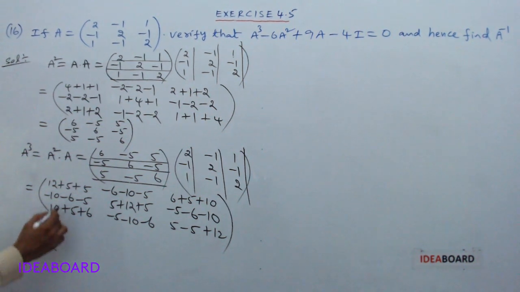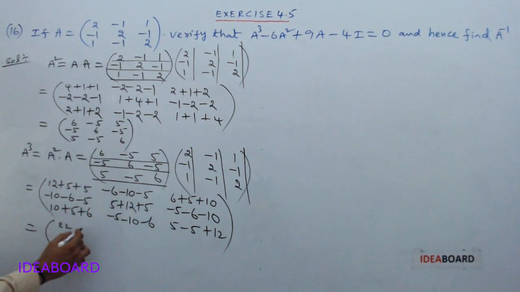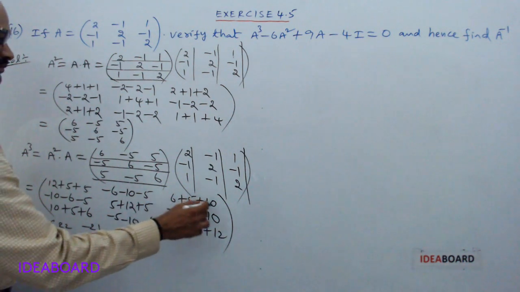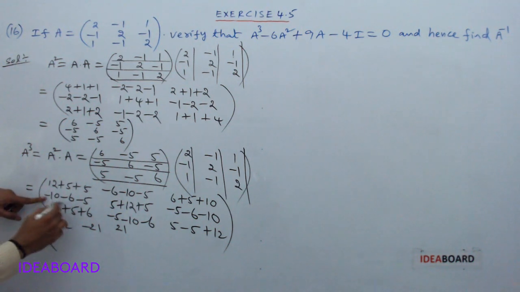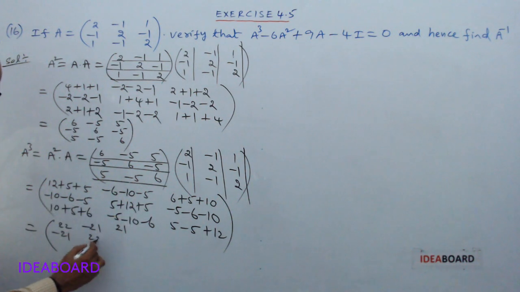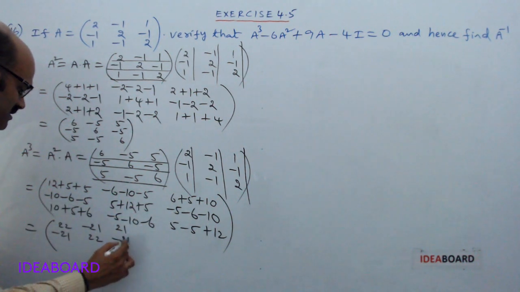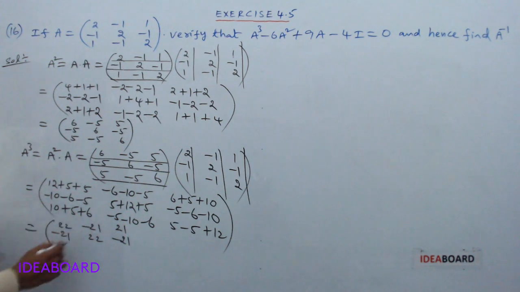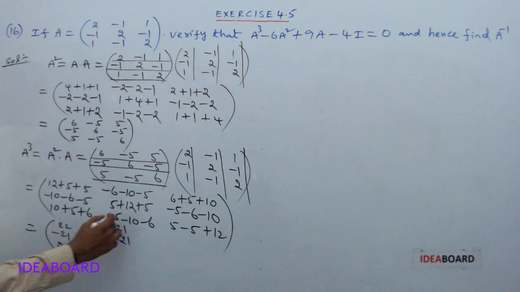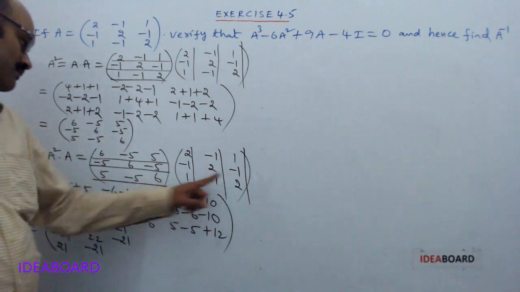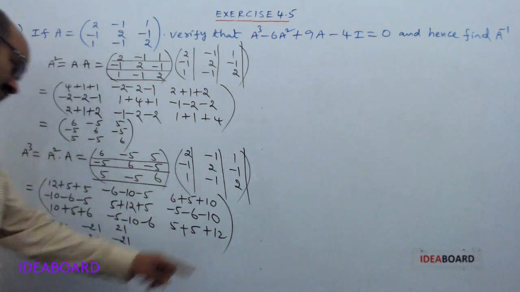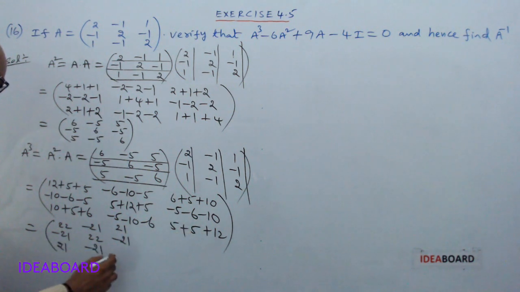So we get 22, minus 21, 21, minus 21, 22, minus 21, 21, minus 21, 22.